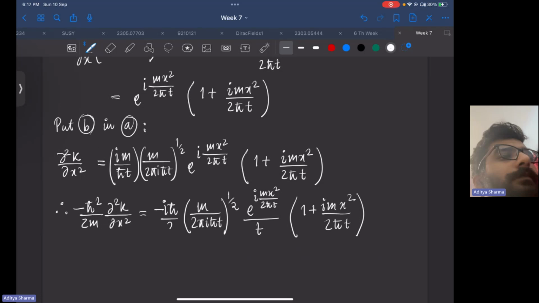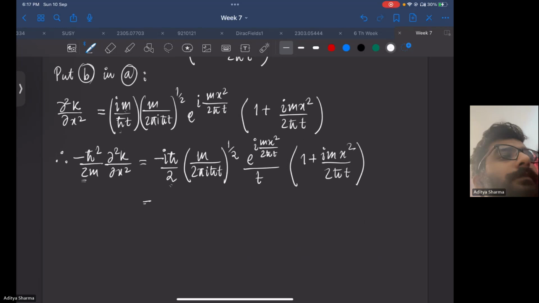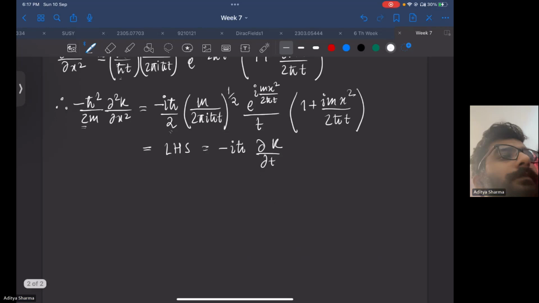M and m gets cancelled, ħ squared gets cancelled with ħ, t I have written it here, and i is here, which is equal to the LHS, equal to minus ħ derivative of t. So we have shown the free particle kernel satisfied Schrödinger's equation.